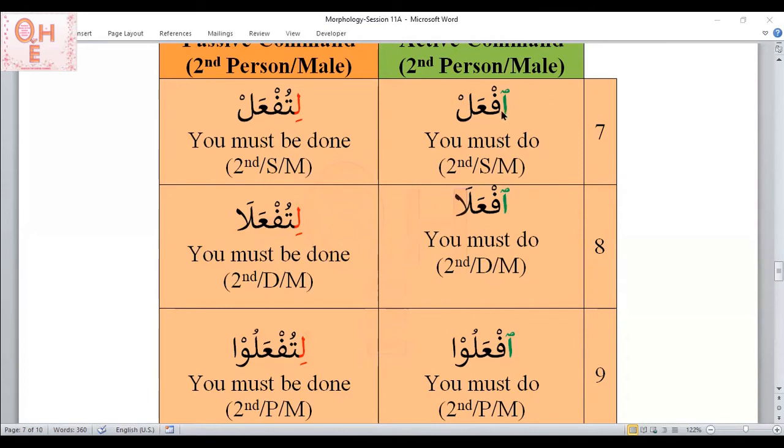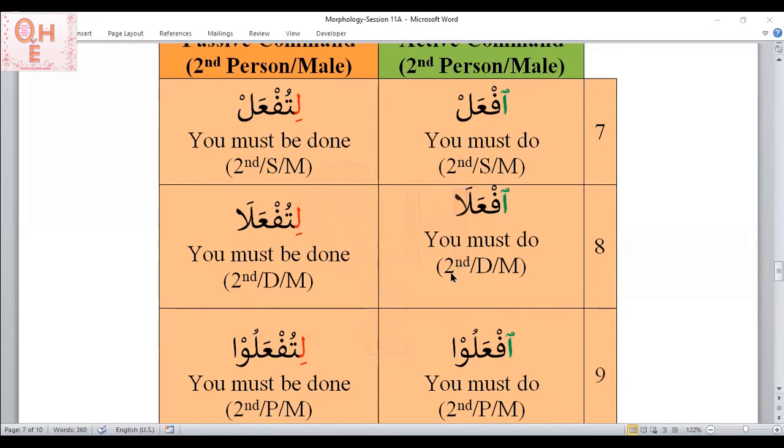So instead, there is only Hamzah. This Hamzah is called Hamzatul Wasl. In a later session, we are going to learn more about Hamzatul Wasl and what should be the vowel. At this point, this particular Hamzatul Wasl will have a kasra for the root letters fa, ain, lam. So the first one, if'al, you must do. This is second person singular male.